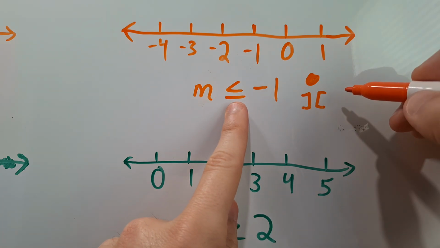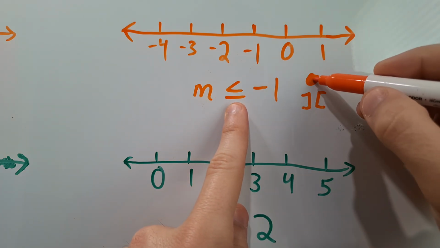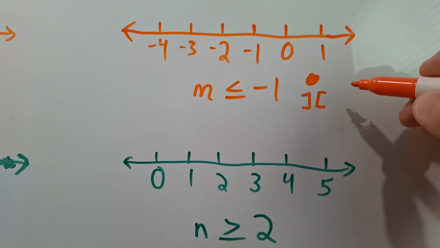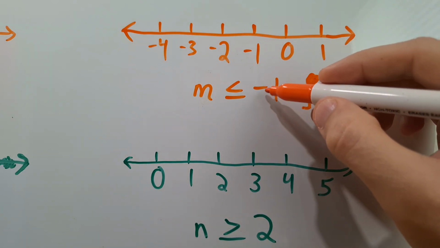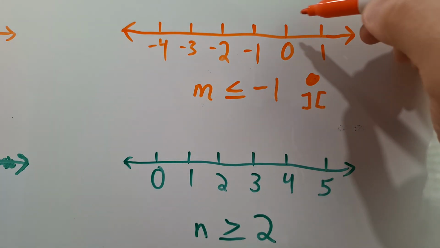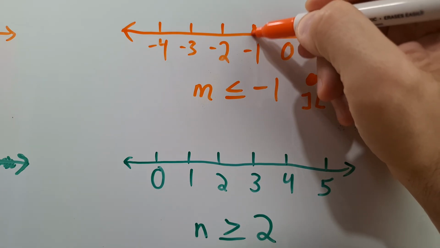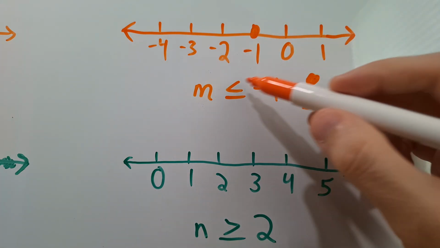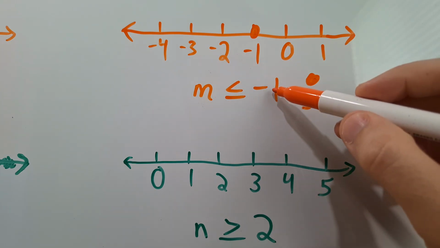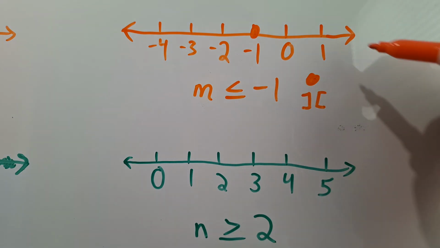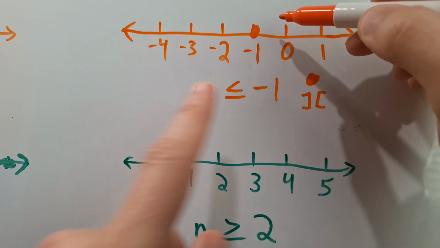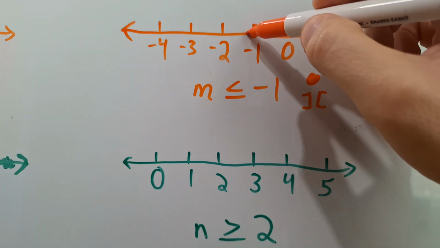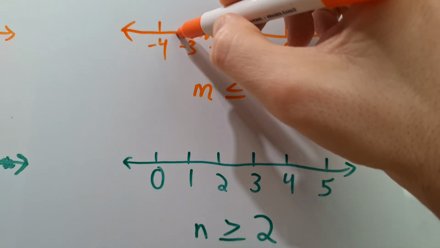Because we're dealing with the inclusion, you can use either the closed circle or the square bracket. Does not matter which. Just make sure that that closed circle or bracket starts at -1. And because we're talking about values that are less than or equal to -1, we will shade in the direction that is strictly less than or equal to -1, which would be all values this way.